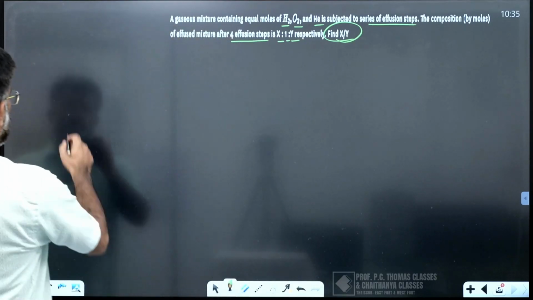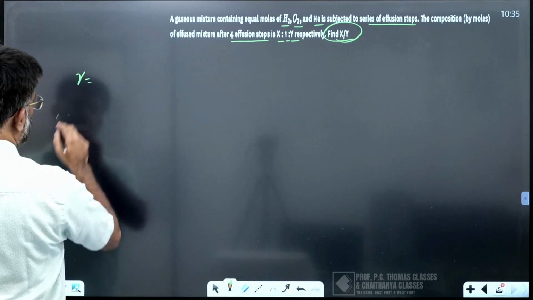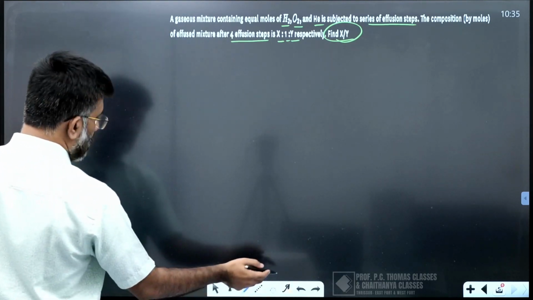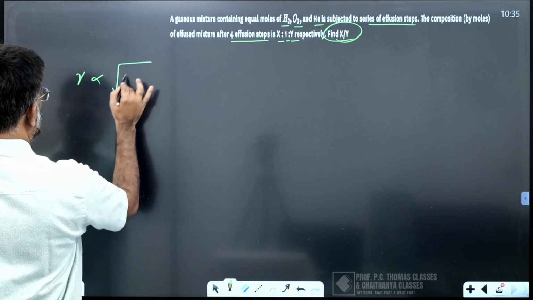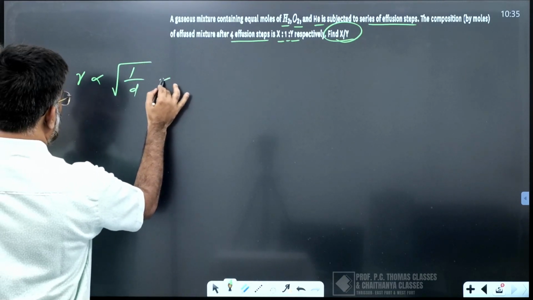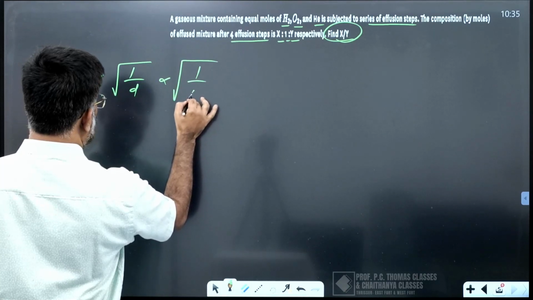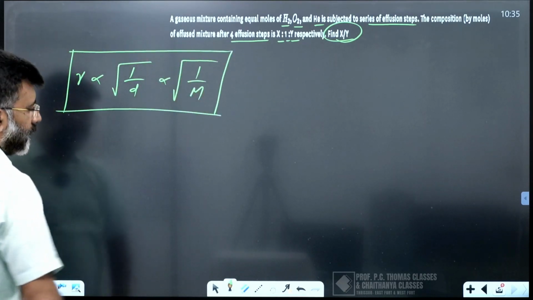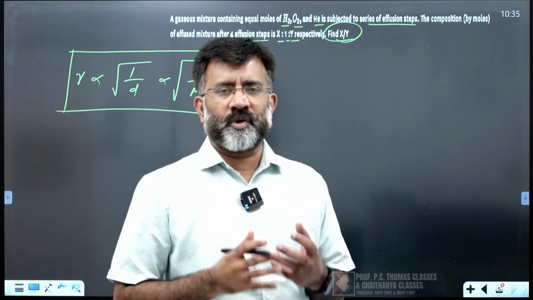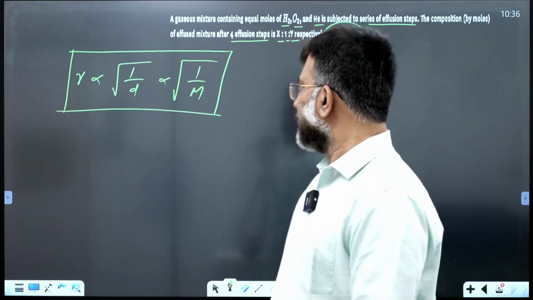All of you know rate of diffusion R is inversely proportional to square root of the density, or inversely proportional to square root of the molar mass. So rate of diffusion is inversely proportional to square root of molar mass, right?